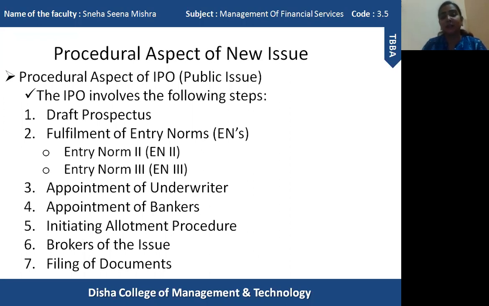They must be earning profit and contribute to the payment of dividend. The third point here says that it should possess a net worth of at least rupees 1 crore in 3 years. The total net worth of the company must be 1 crore in the last 3 years.